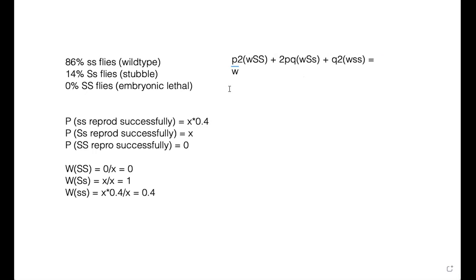All right, now what? Let's go ahead and plug that in to calculate W bar. Well, we'd already established that P is equal to 0.07. We're starting with the same values that we've already calculated. So 0.07 times 0.07 times 0 is equal to 0, duh.